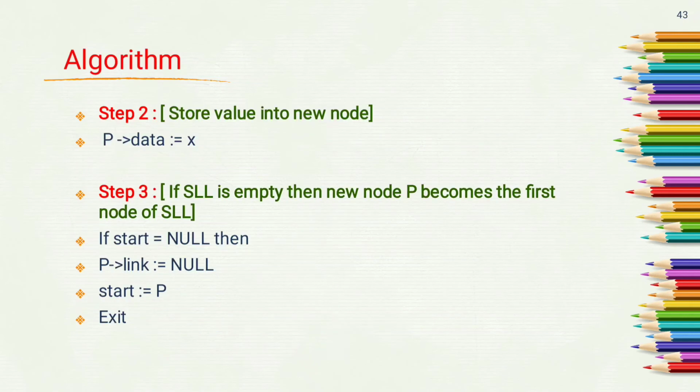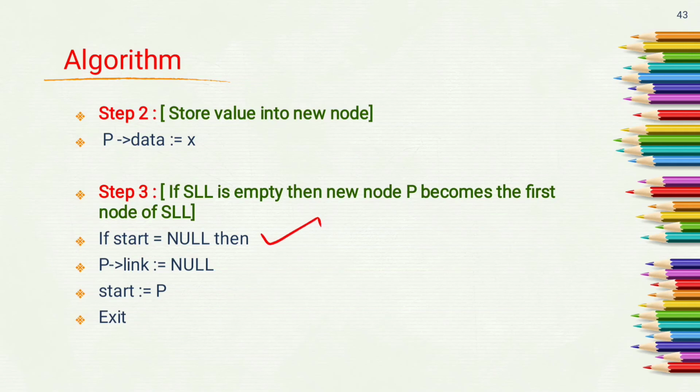And if an empty node is available in memory, then we first store the value into the new node. So we have to write p arrow data equals to x. Next step is step 3. If the singly linked list is empty, then the new node p becomes the first node of the singly linked list. How do we check the singly linked list is empty? We check if start equals to null. Here we are comparing the value, so I have written single equals to, not colon equals to.